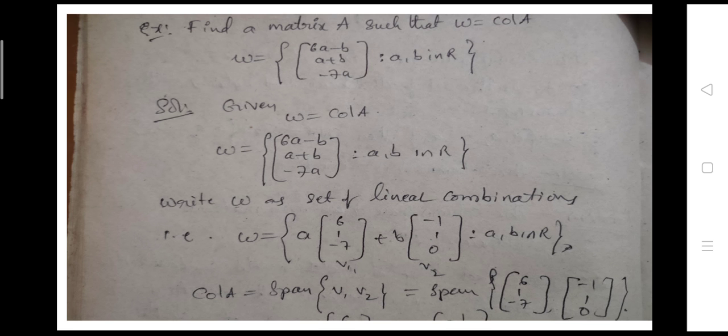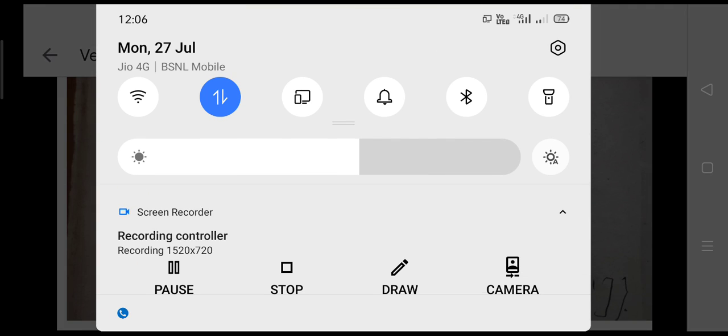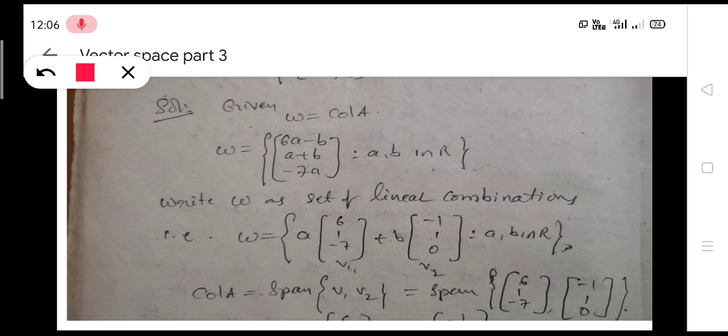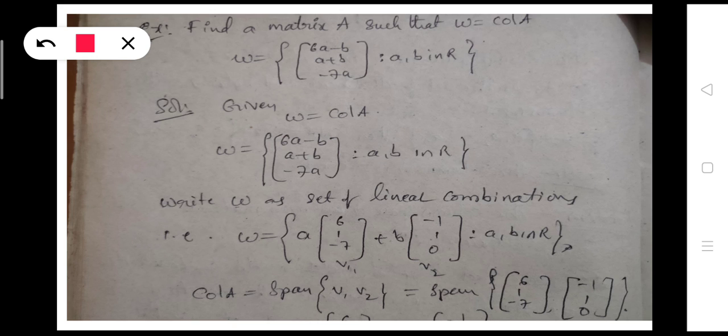Go to the next slide. Take an example based on Col A. Find a matrix A such that W = Col A, where W = {(6a - b, a + b, -7a) : a, b in R}.